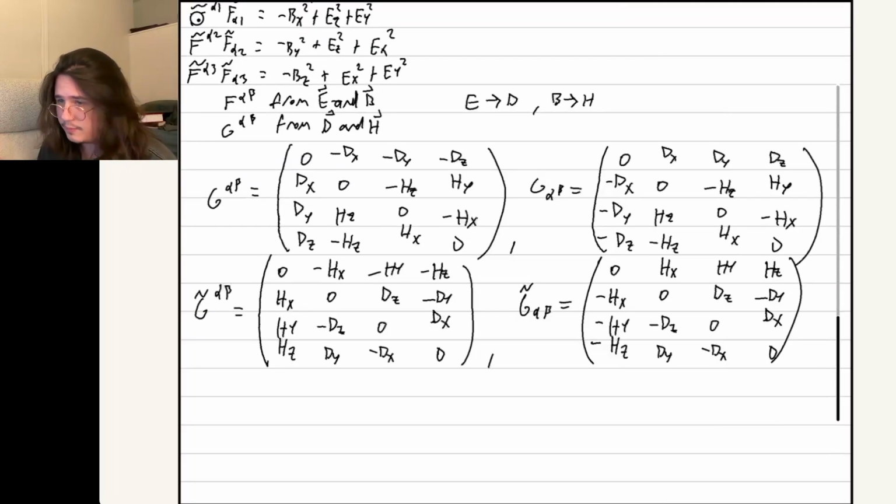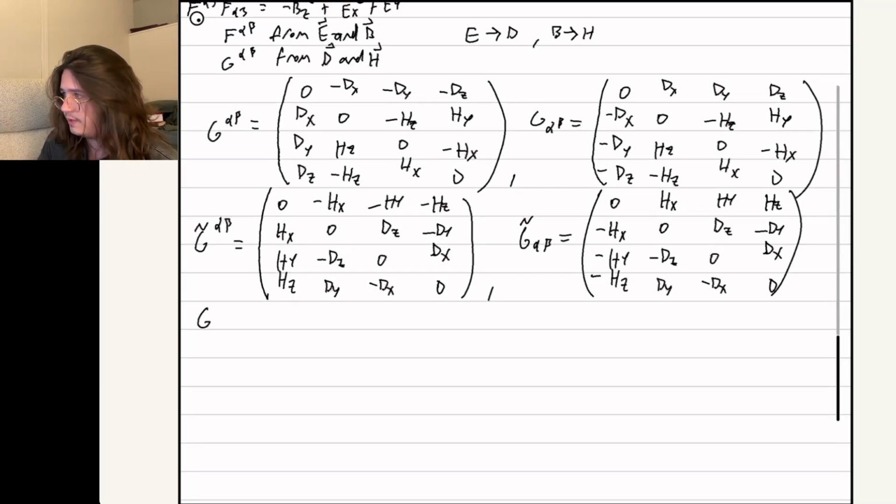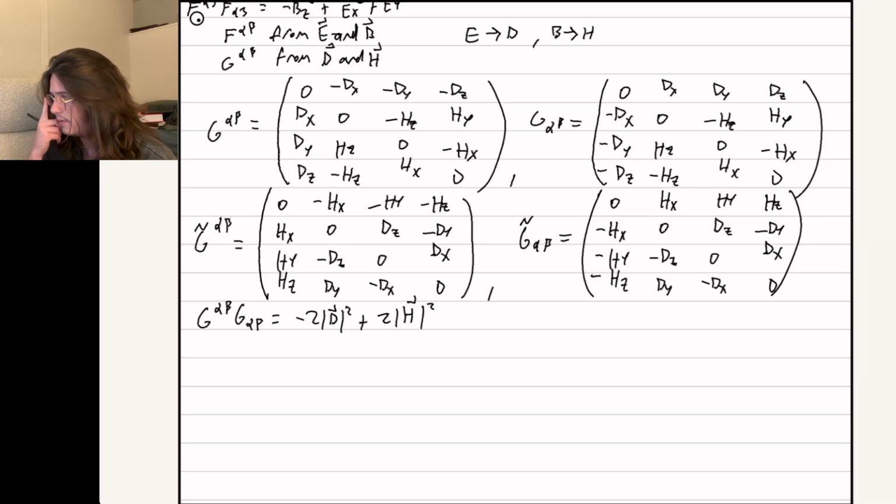So there's going to be some more invariant quantities given these. One of them is going to be just the macroscopic field strength times its covariant form, which I'm going to argue by symmetry is going to look the exact same as the other thing for the non-media form of this covariant and look like that.